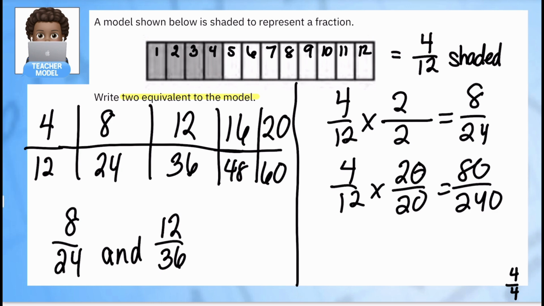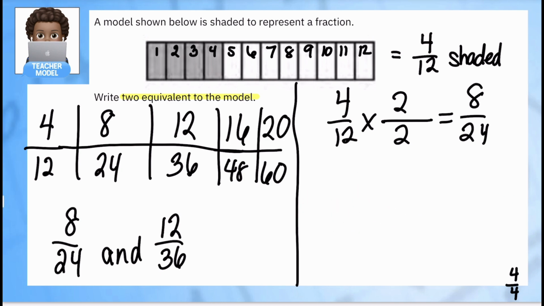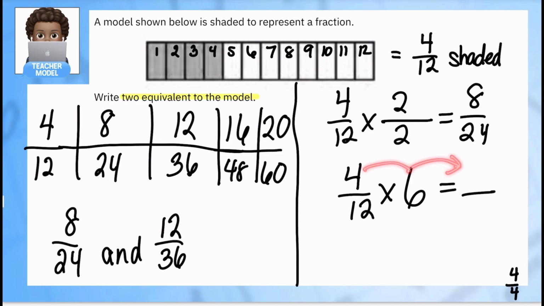And on this side over here, with property of 1, I've sometimes seen kids do something like this. I'm going to erase this for a second. They just think of a number in their head, like 6, and they'll go 4 times 6 makes 24, and then 12 times 6 makes 72.